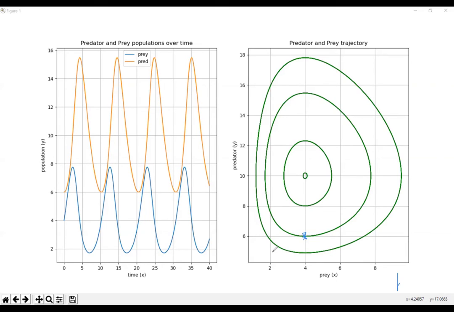As you can tell, there's a family of curves here corresponding to different starting populations. And it seems somehow that these curves are kind of centered around a particular point. In this case, it is the point with prey population 4 and predator population 10. X equal 4, Y equal 10.